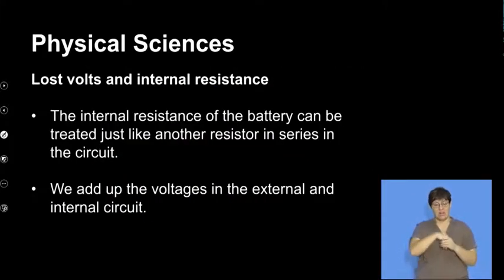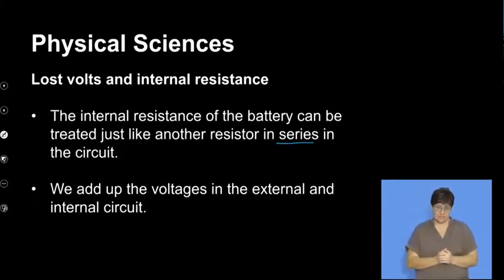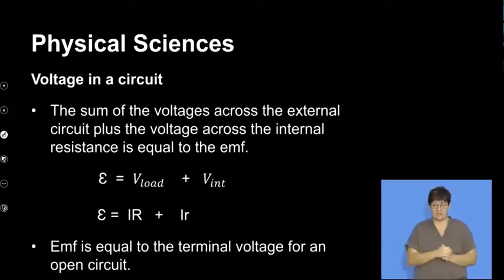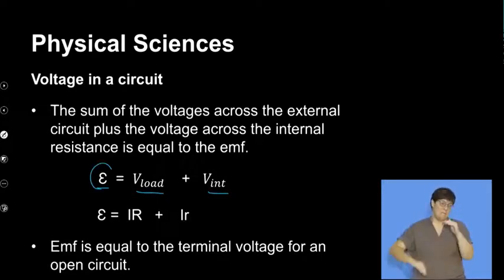So, okay, the internal resistance of the battery can be treated just like any resistor in series, because the same amount of current that passes through the battery is the one that goes through the external circuit. So we add up the voltages in the external circuit and the internal circuit. What does this give us? It actually gives us that this is the maximum reading, which is the EMF, equal to V load plus the internal voltage. So this becomes the maximum reading.